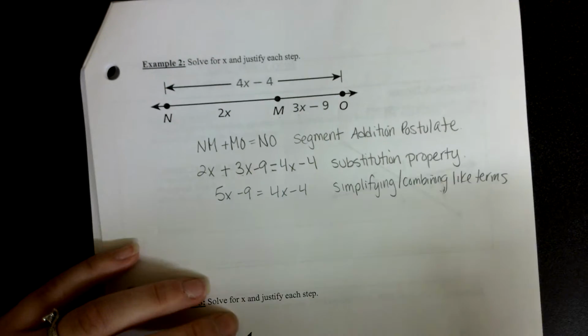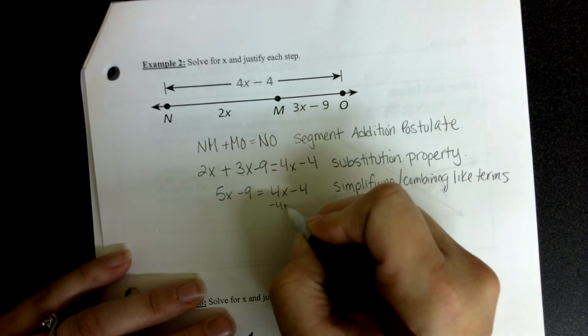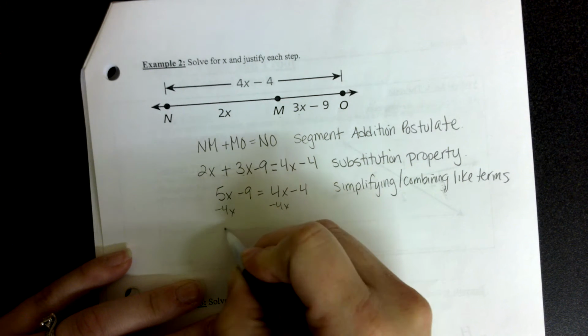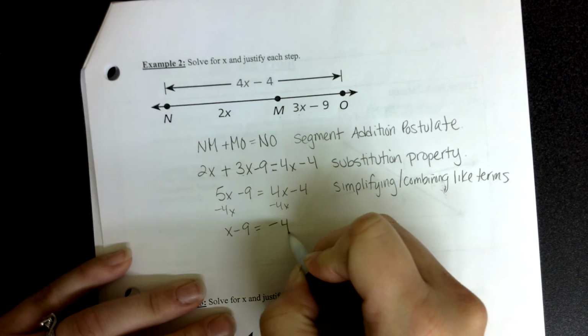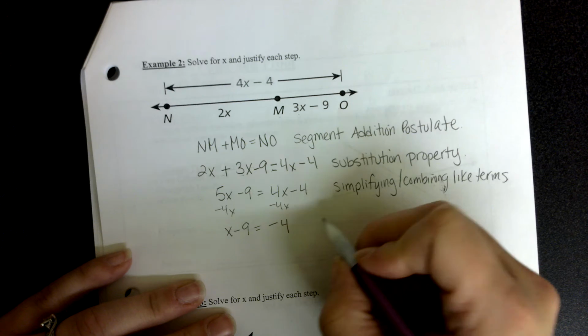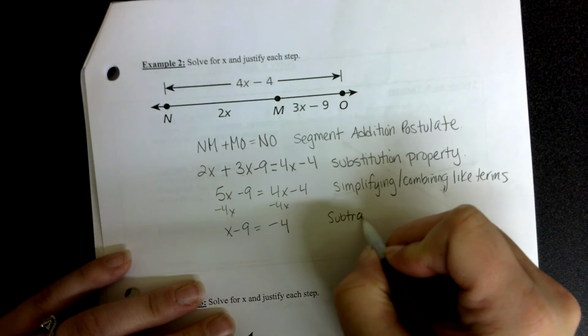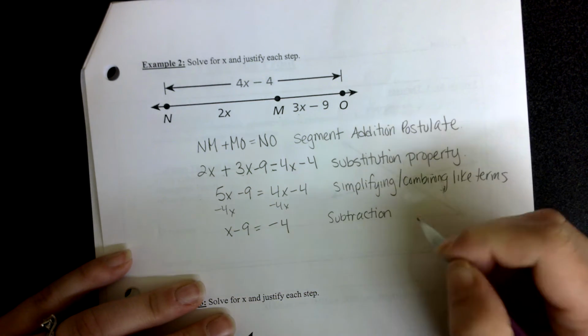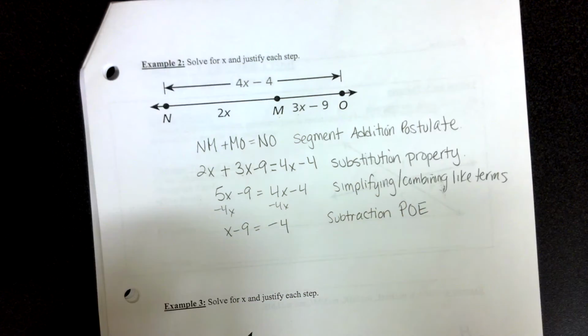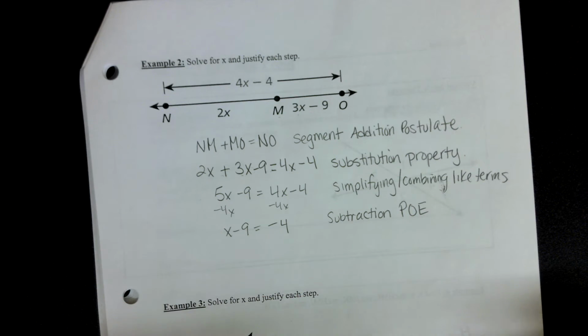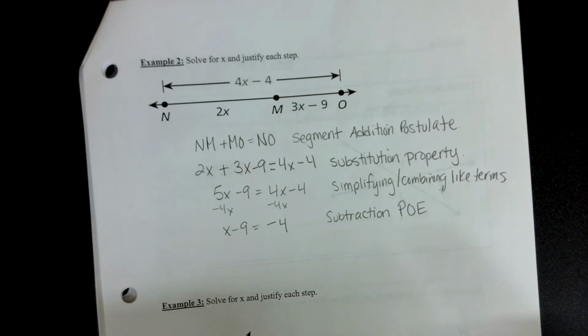So then from that, you're going to subtract 4x, you get x minus 9 equals negative 4. And to get there, we did the subtraction property of equality. Instead of writing property of equality every single time, you can just write POE.